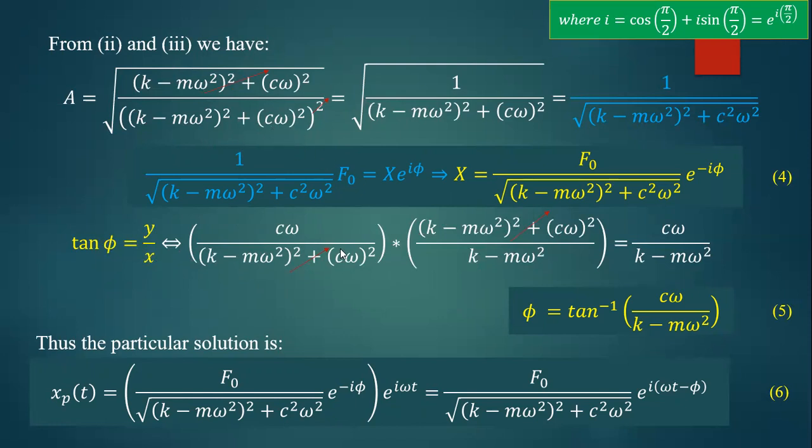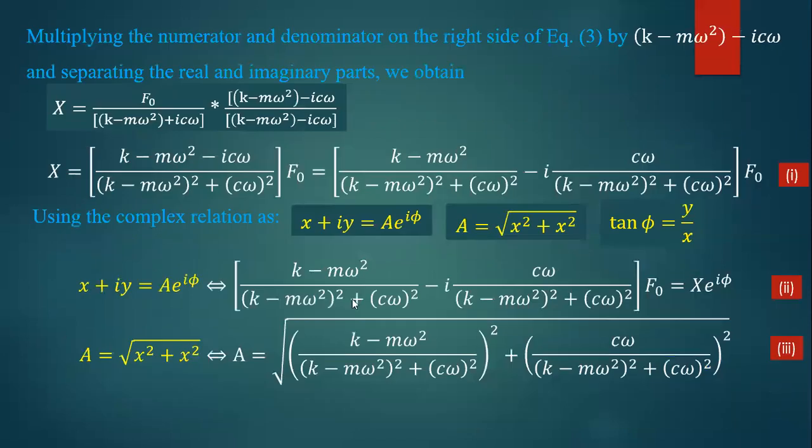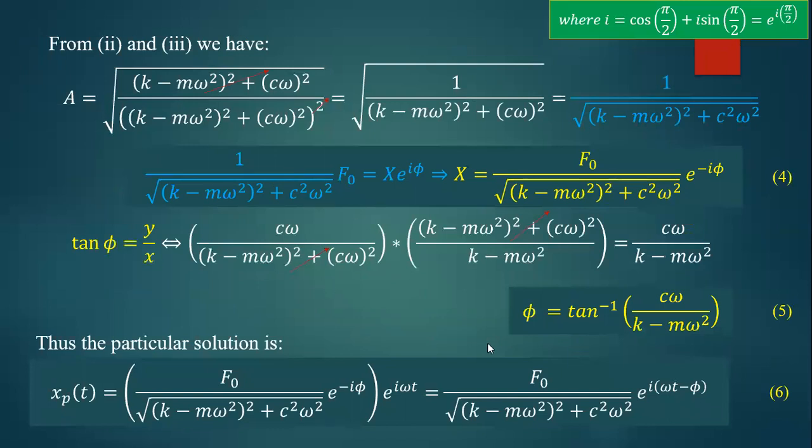We can see it from there. Considering this as the x component and this as the y component, okay, this is the y part, this is the x part in our case. Okay, so from that relation what we can get, phi is equal to tan inverse of cw over k minus m omega square is the phi value.